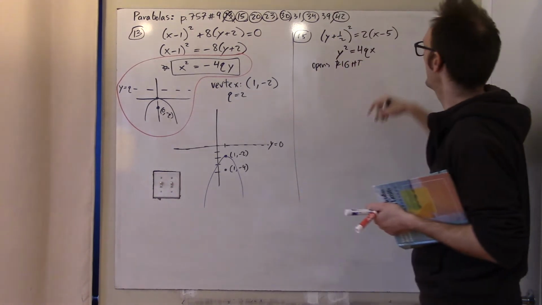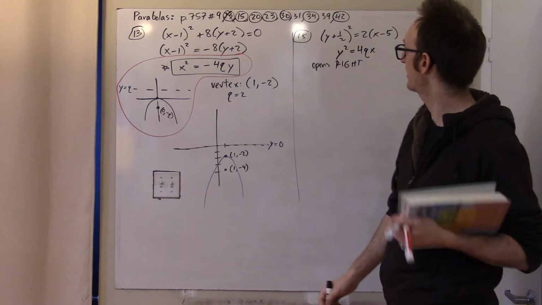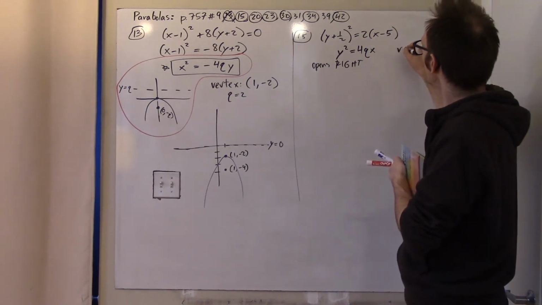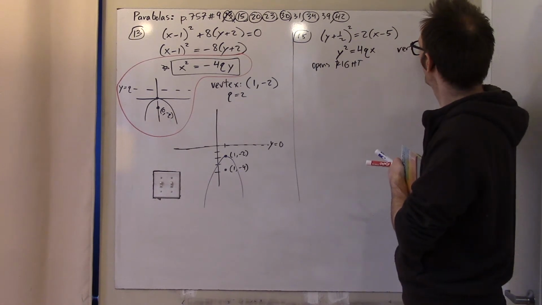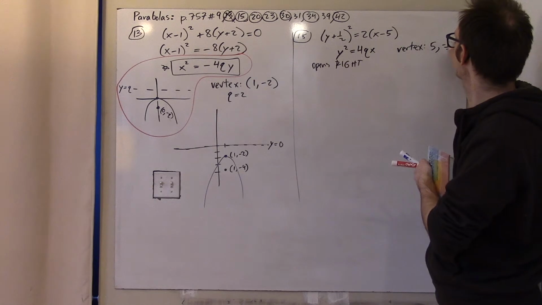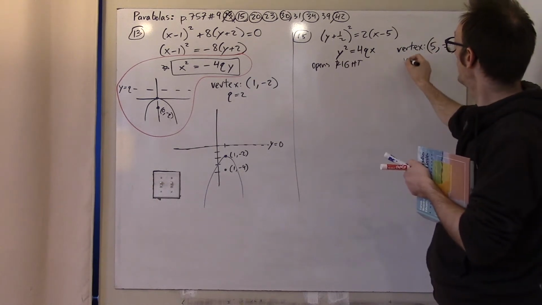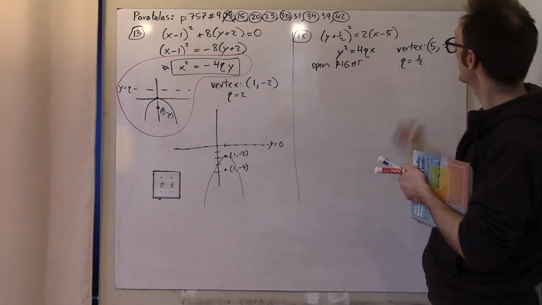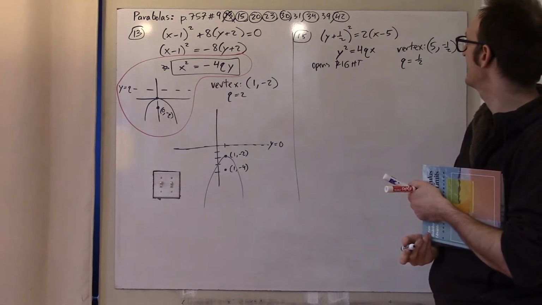Well, I don't think I need to draw the generic picture again, because I think we remember what q is and everything. So what is the vertex for this particular problem? The vertex is going to be at 5, negative a half. If 4q is 2, then q is a half. And yeah, that's it.